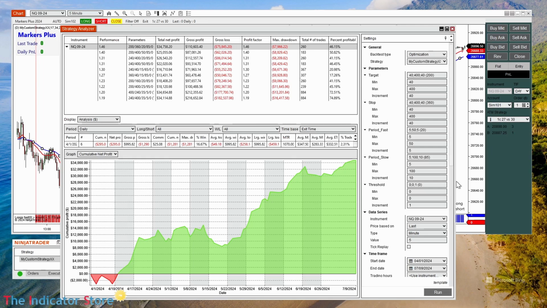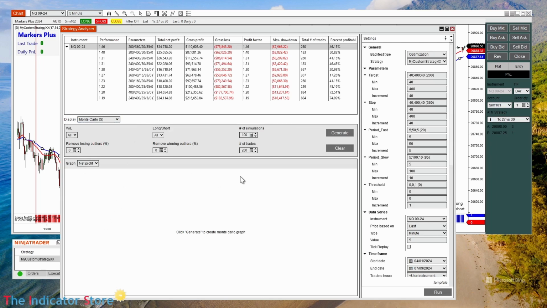So the idea is, when we optimize, try to use a minimum bigger than 10.